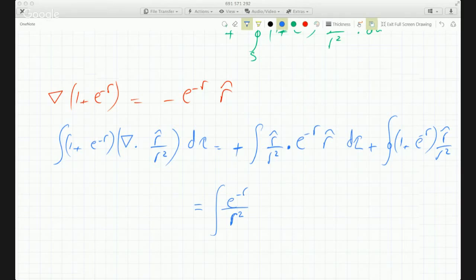Now what's d tau in spherical coordinates? If you remember, d tau in spherical coordinates is r squared sine theta dr d theta d phi.